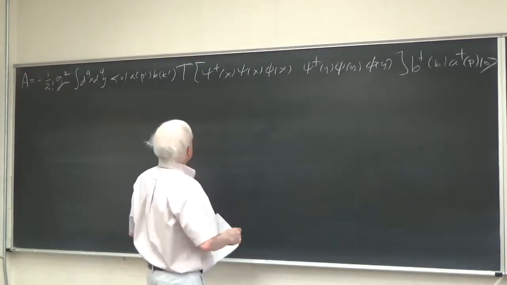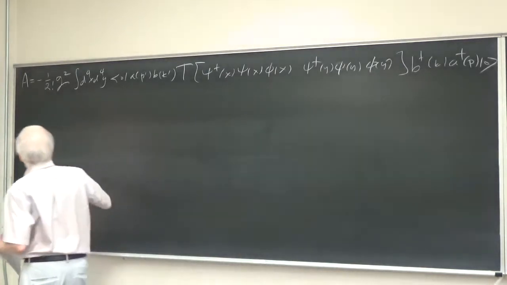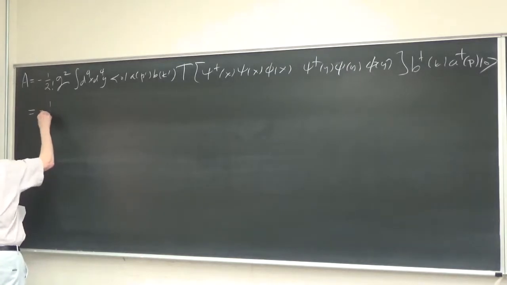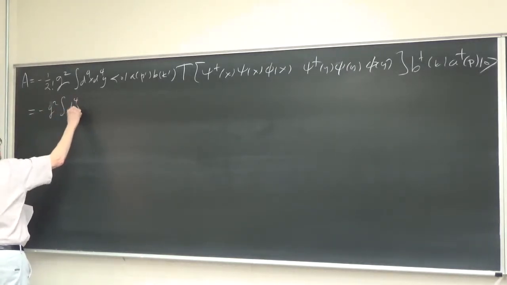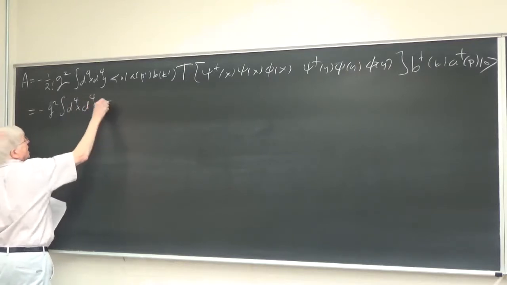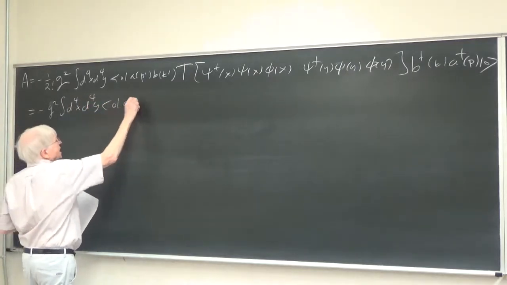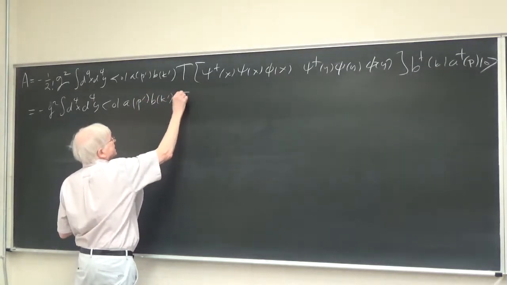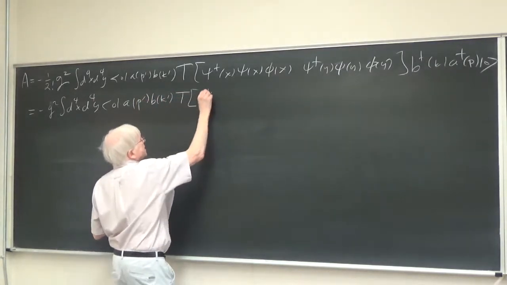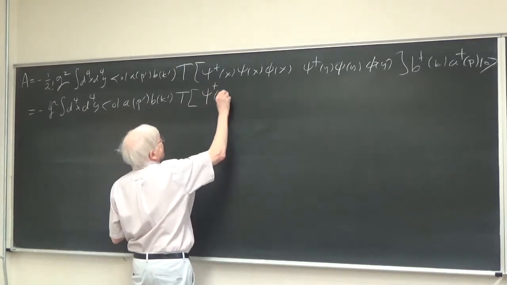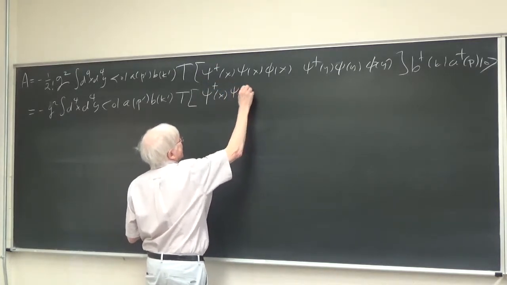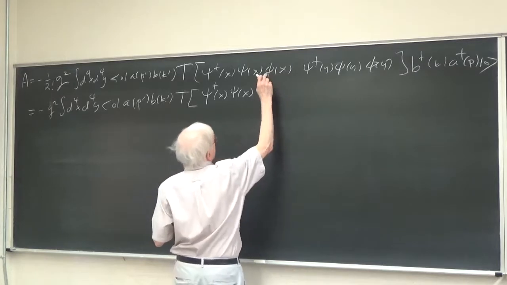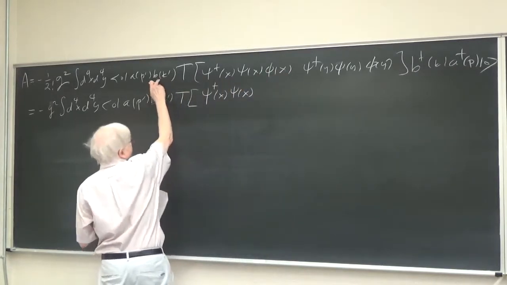So, the first thing we do then is we write this as minus g squared integral d^4x, d^4y, vacuum, a of p prime, b of k prime, time-ordered product, psi dagger of x, psi of x, and this is going to create the boson that this annihilates.